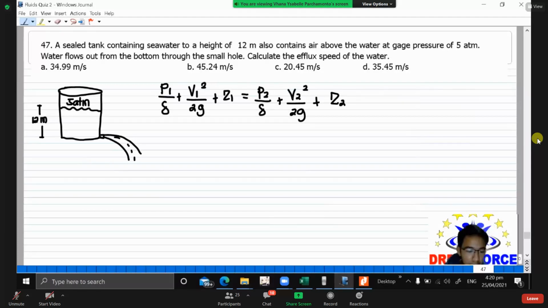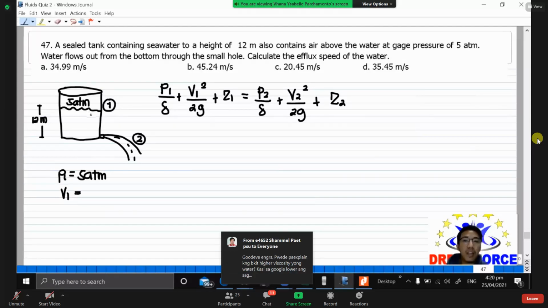Okay. So, what we consider here, P1 is here. This is our first point. The second point is at the position of the hole, where the water comes out. Okay, so P1, you have 5 atmosphere. V1, since the water is not flowing in, it's just sitting there, it is at rest, so 0.